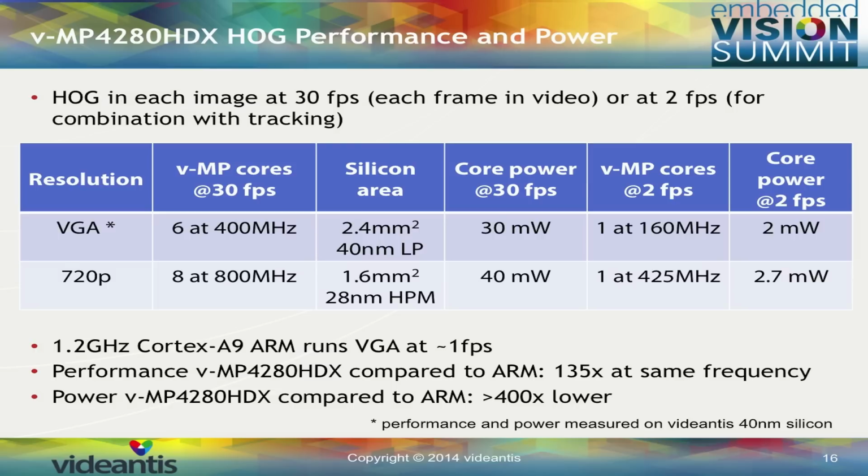So if you compare cycle for cycle, the performance on our processor is about 100x a standard ARM. And if you look at power, since the ARM has all these caches and longer pipelines and much more overhead, since it's really built for web browsing or running an OS, the power is an even bigger factor. We're about 400 times lower power than a Cortex A9 on this algorithm.